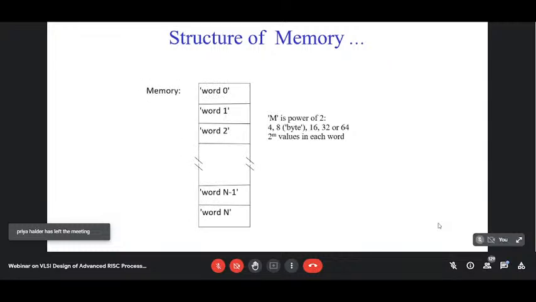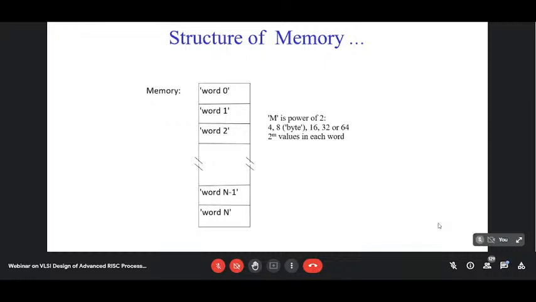So this is a typical structure of a memory. Memory means a number of locations, and in each location the data would be stored. The size of the memory is always a power of 2. Hence 2 to the power 2 means there are 4 locations, 2 to the power 3, 8 locations, 2 to the power 10 means 1024 or 1K locations, 2 to the 20 is 1 meg.